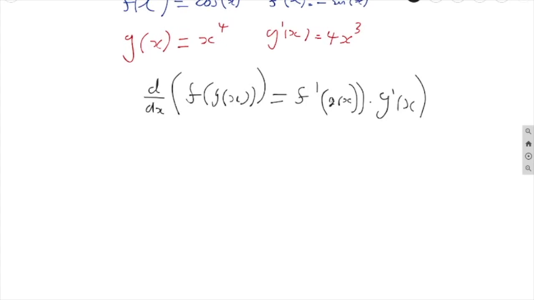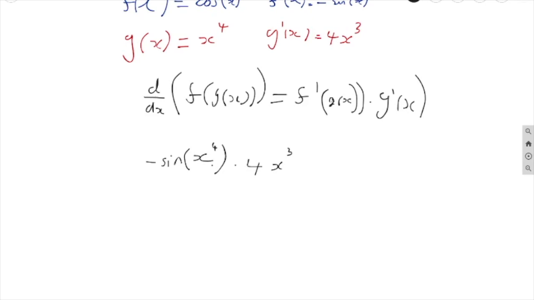So we have minus sine acting on g of x, and in this case g of x is x to the 4, you'll remember. So our first term is minus sine of x to the 4, and that is then being multiplied by g prime of x. g prime of x is 4x cubed, and that's it.